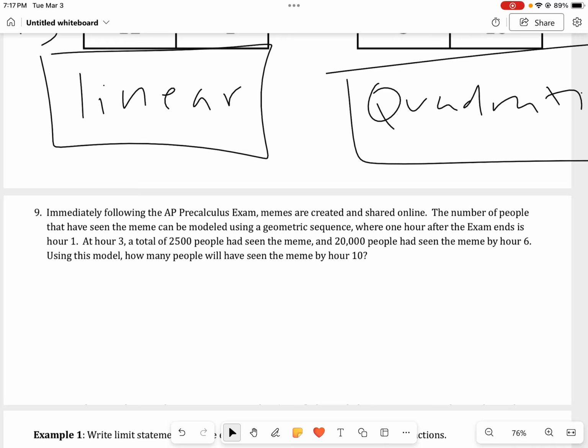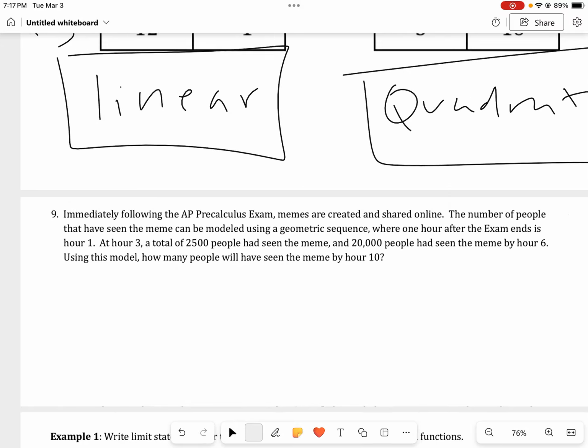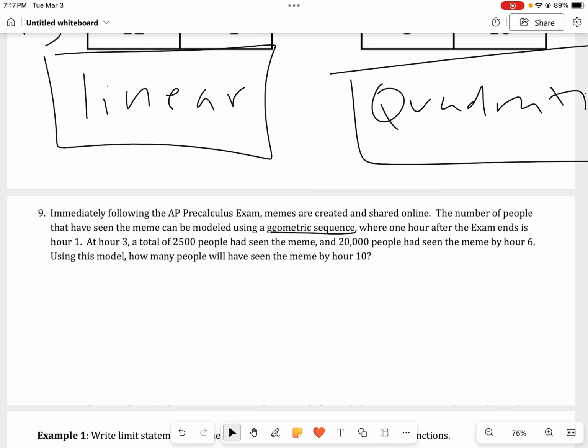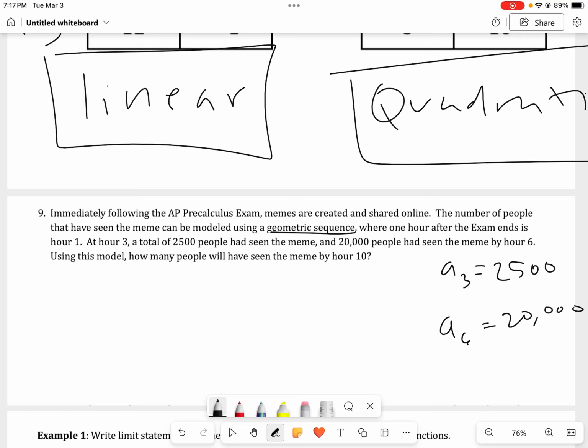The number of people that have seen the meme can be modeled using a geometric sequence, where 1 hour after the exam ends is hour 1. So that's our first term. At hour 3, a total of that many people. Okay, so we can just do this as A3 is 2,500 people, and A6 is 20,000 people by hour 6.